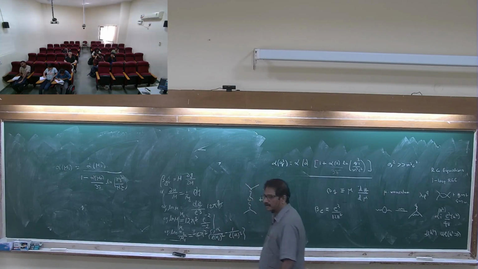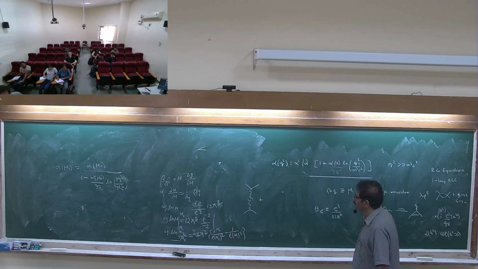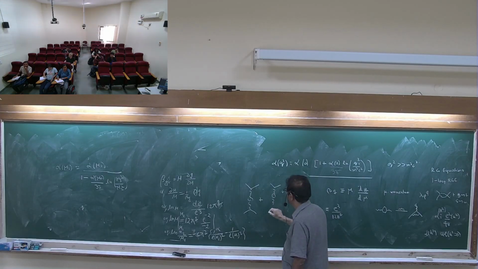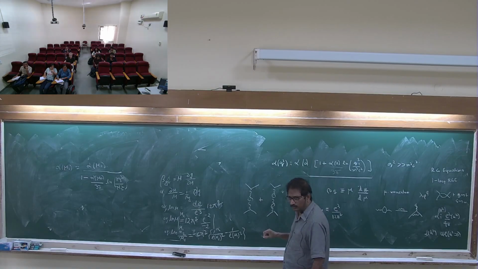But since you are such clever boys and girls, you'll say, how do I know that this is the only diagram? What about a further screening, that this virtual photon doesn't see this charge and maybe it sees only part of that charge? So it gets screened again. But what is to stop us from doing this again and again?